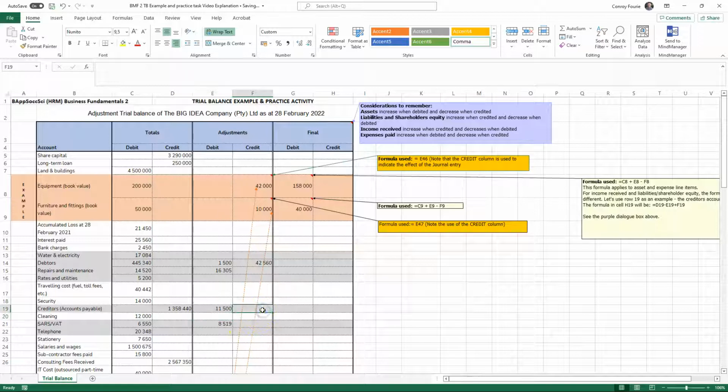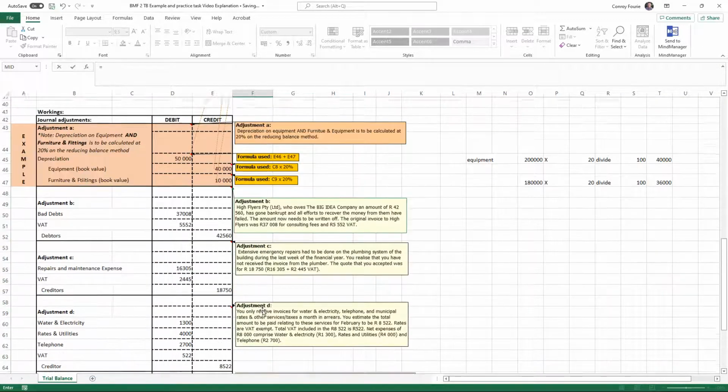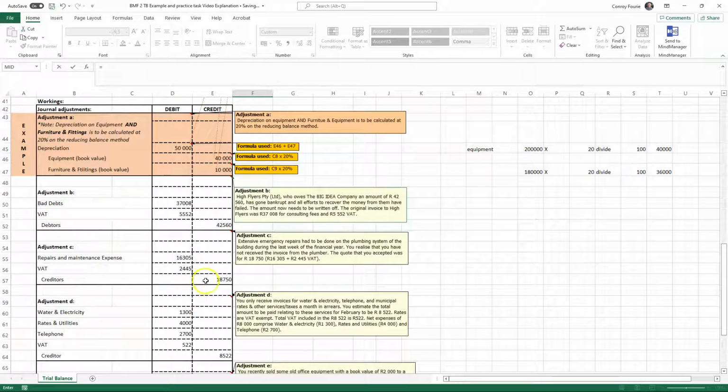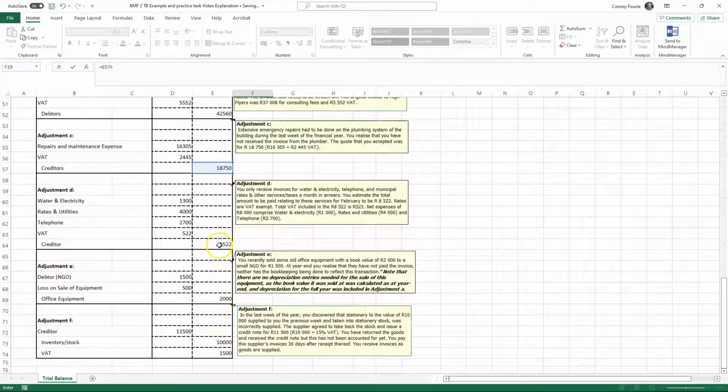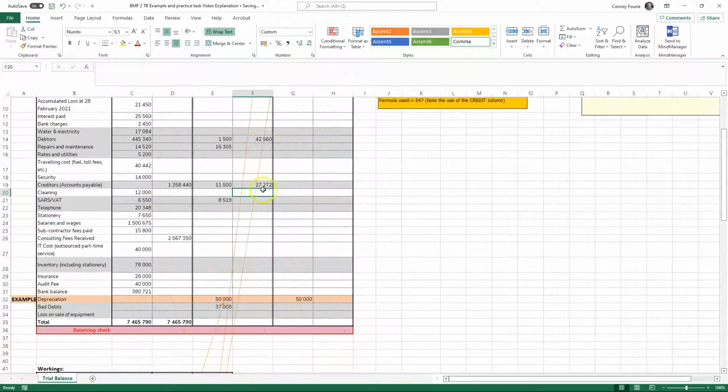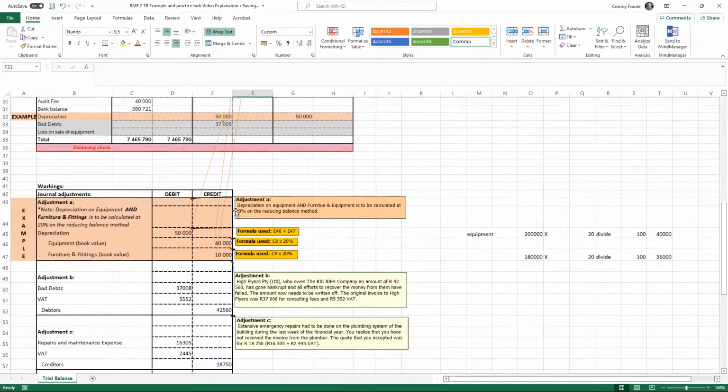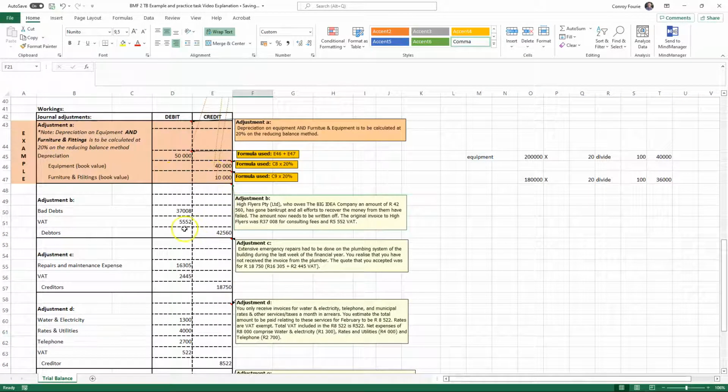And then we will do the creditors. So we go down to all the credits equal that one plus there's another one, that one. I think those were a lot. So your creditors, the credit amount is that. Oh, we didn't do the credit side of that. We must go back and do that. So what were the credits there? That.